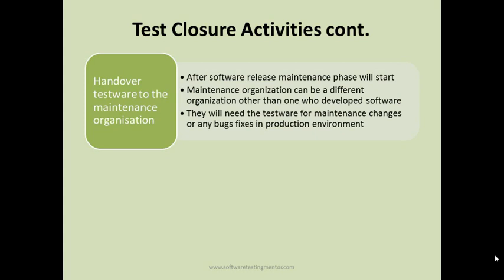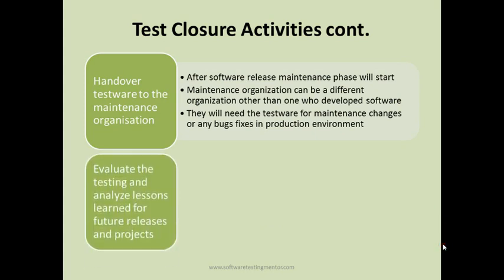In order to verify the defects, they need the test cases that were already written while the software was being developed. So all this testware needs to be archived and handed over to the maintenance organization. That's another test closure activity.